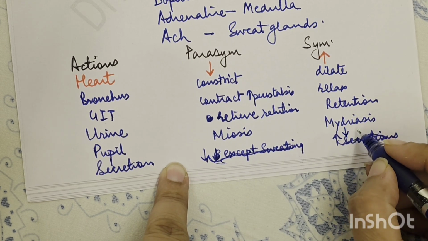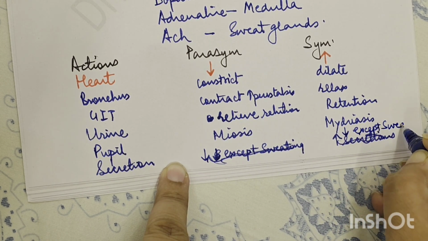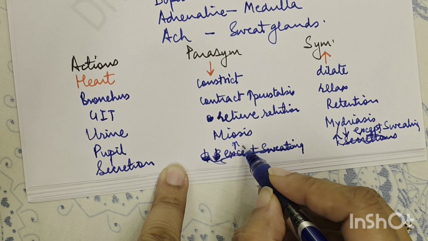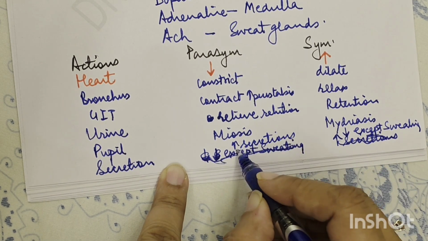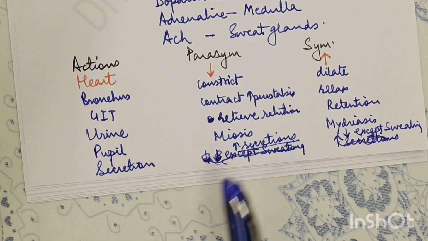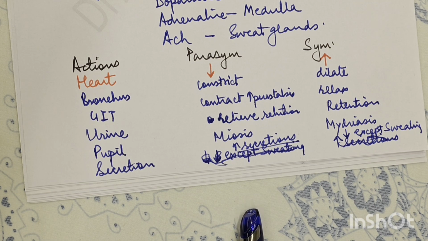Sympathetics decrease the secretions except sweating, right? And parasympathetics increase the secretions. That is why in atropine poisoning there is dry skin and dry mouth, because there is a reduction in the secretions. Okay, so these are the general actions.